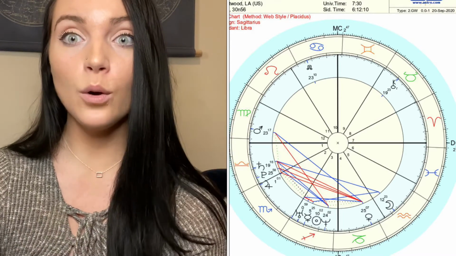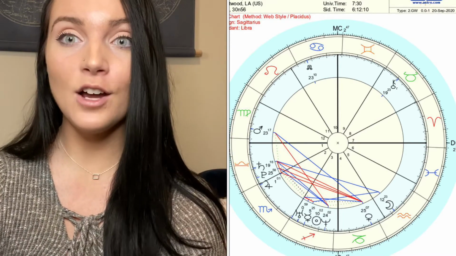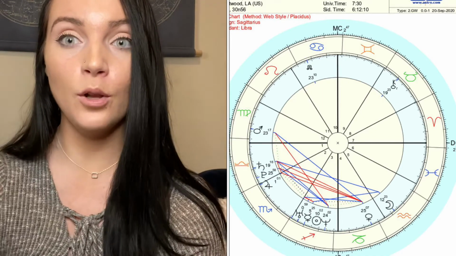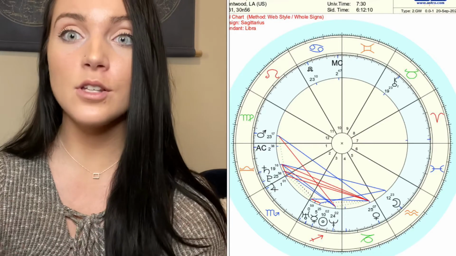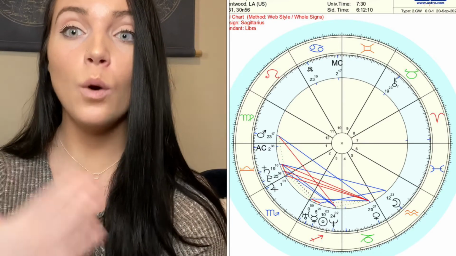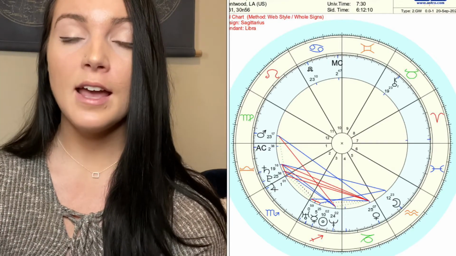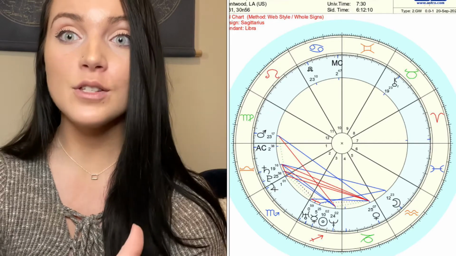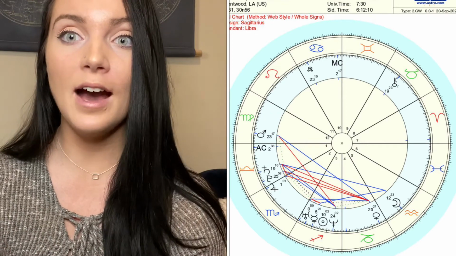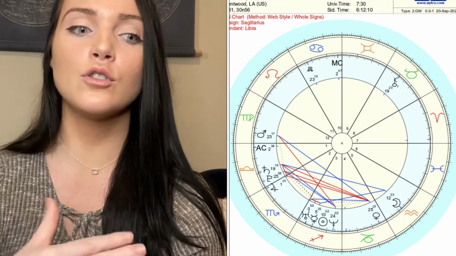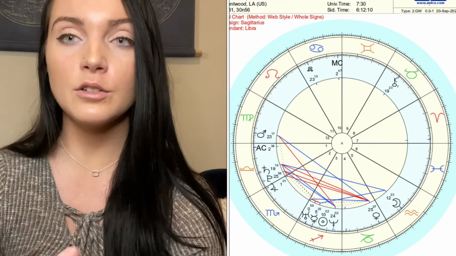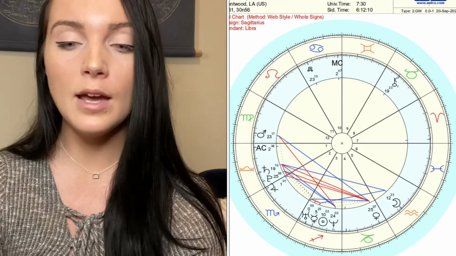It's not as organized. Whereas if you're looking at a chart using whole signs, which I'll pull up her chart using right now, you can see that all of the houses are equally divided and there is one sign for each house, and that entire sign becomes the house, and there's no question there. You can just clearly see it in a more organized way.